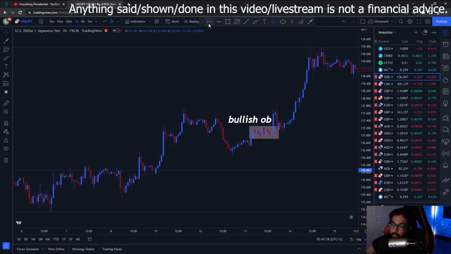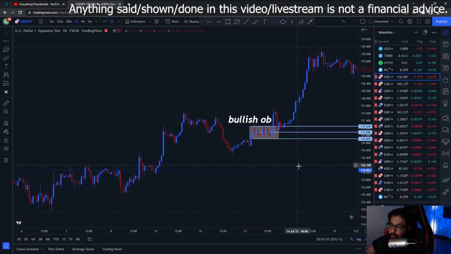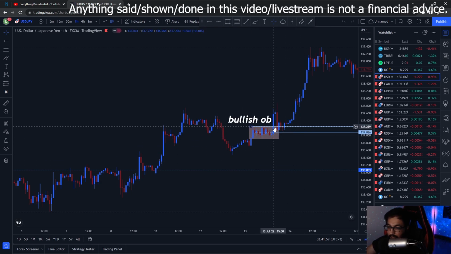But what am I going to do? Since this is a whole area, I like to enter on either. So I'm going to draw it with the horizontal lines. If I am going to enter on a bullish order block, I will take into consideration the top of the order block and the 50%.